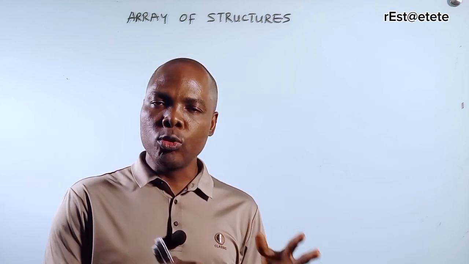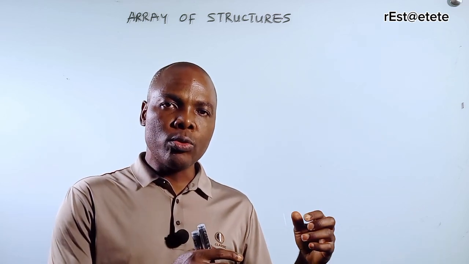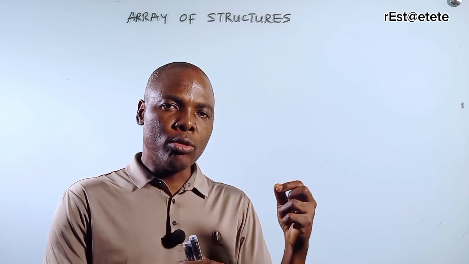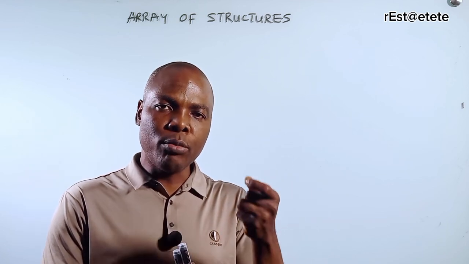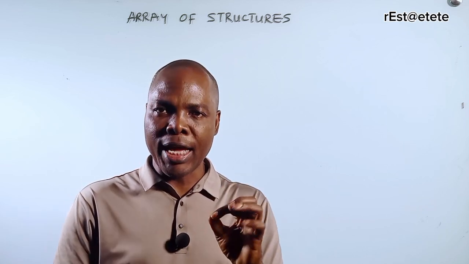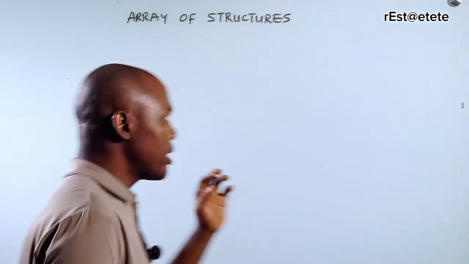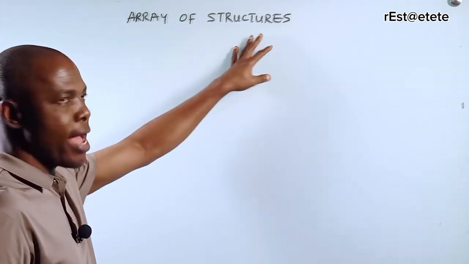But of course, in a school, you are dealing with multiple students. So if you are going to create a structure, it will not be nice to be creating variables for each of them. So the best thing you would do is to create an array of students or employees in the company. So that is what we want to do with arrays of structure.